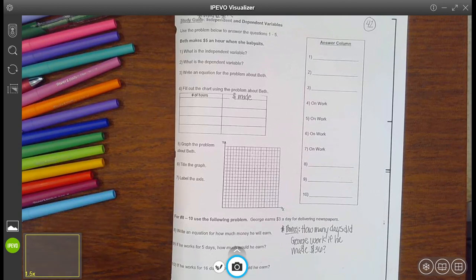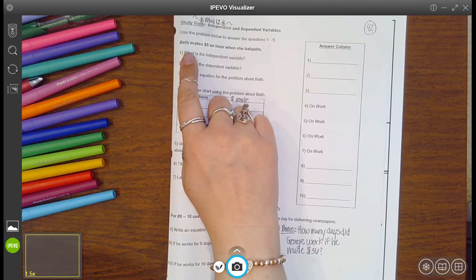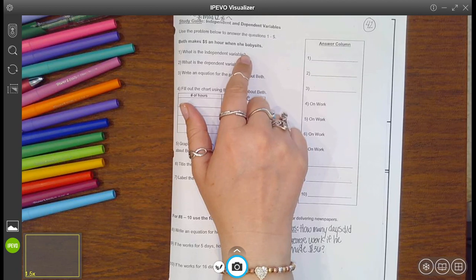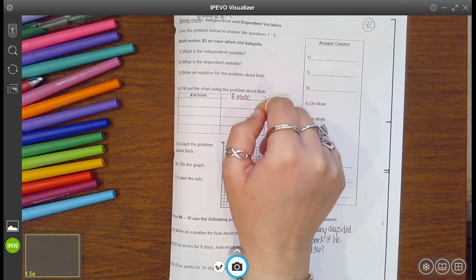The first one, we're going to look at this word problem right here that says Beth makes $5 an hour when she babysits. Okay, so you could also think of it as Beth makes $5 per hour when she babysits.